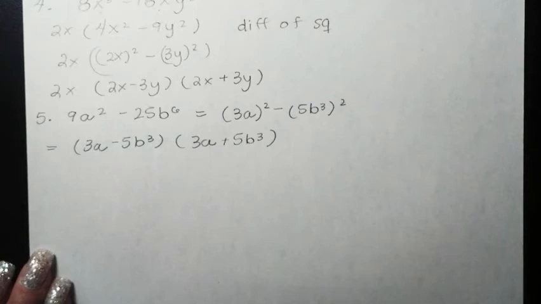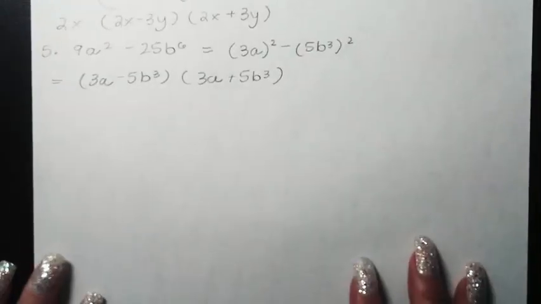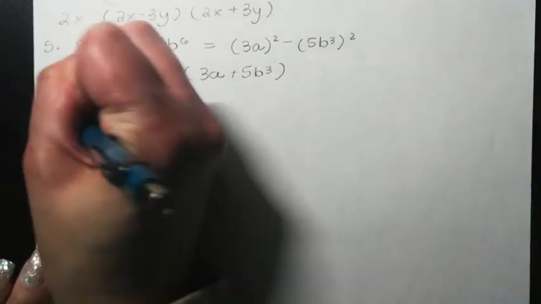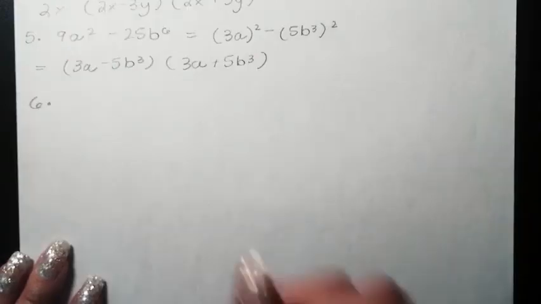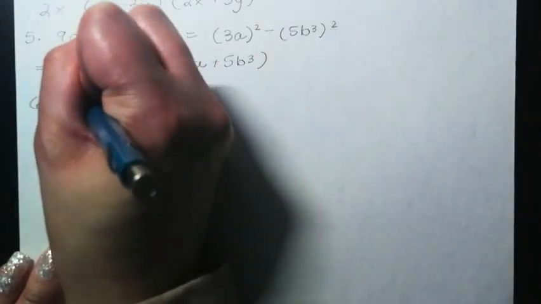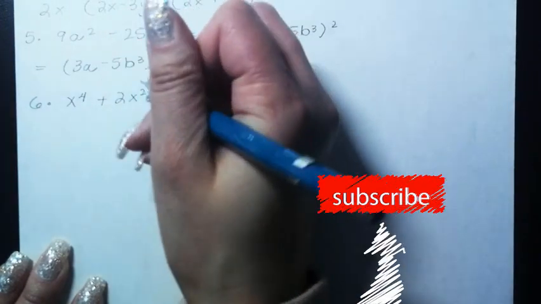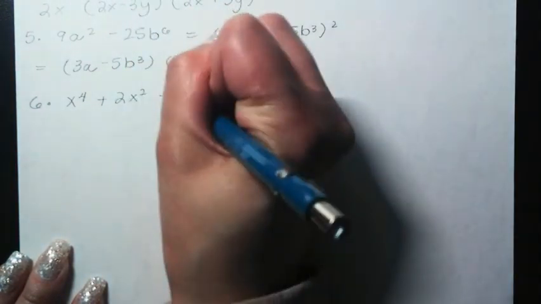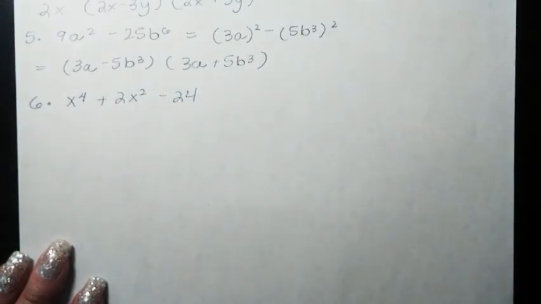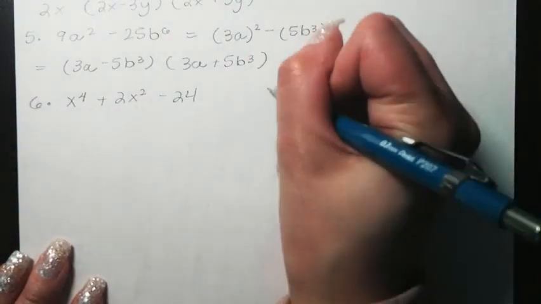Okay, so for number 6, let's do number 6 here. We have x to the power of 4 plus 2x squared minus 24. So this one you need to think about this equation.